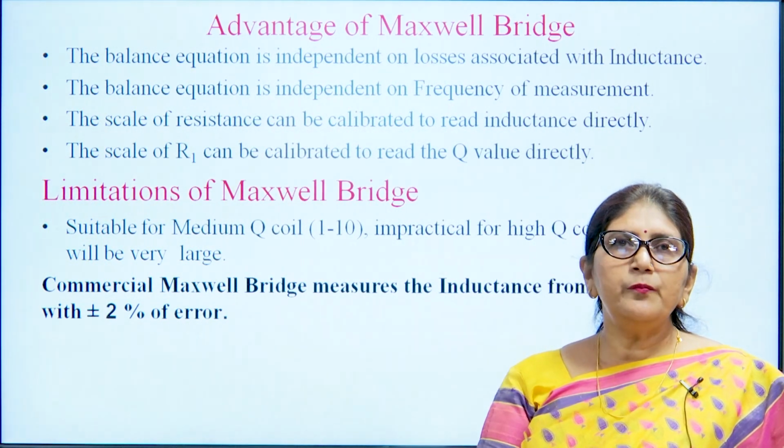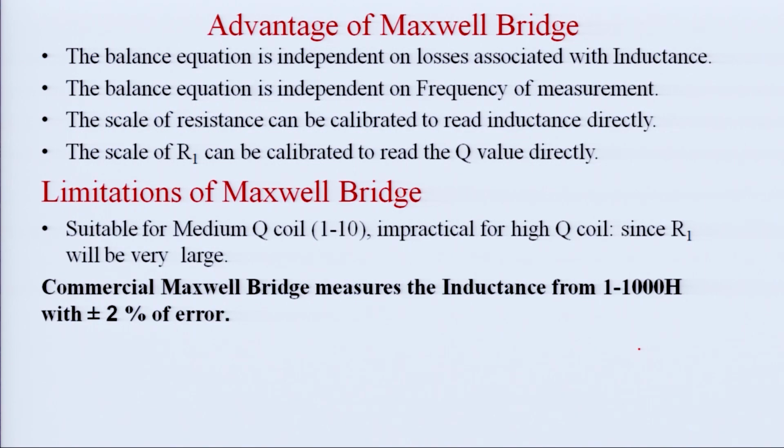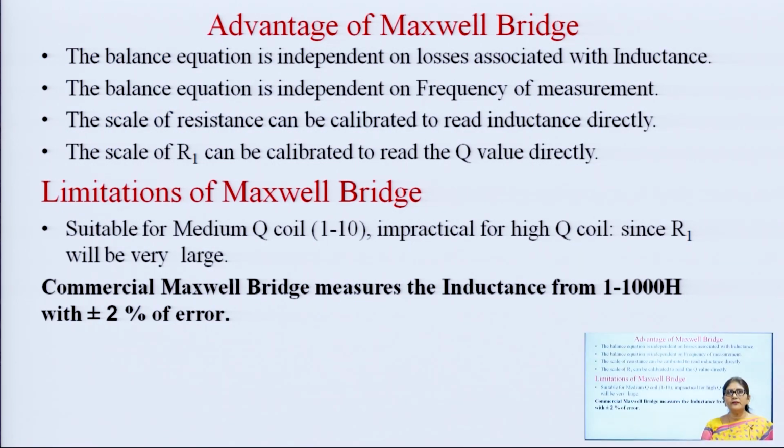In Maxwell's bridge, the balance equation is independent of the losses associated with the inductance, and it is also independent of the frequency of the measurement. The scale of resistance can be calibrated to read inductance directly, and the scale of R1 can be calibrated to read the value of Q directly.